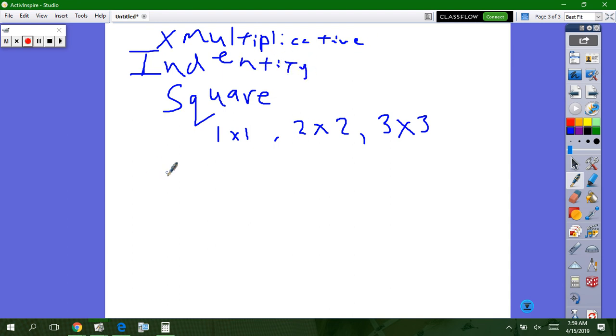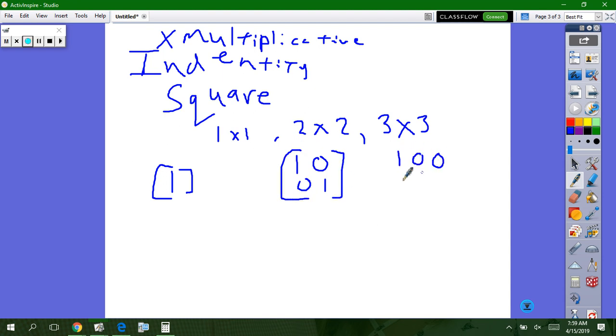So for a 1 by 1, here's your multiplicative identity. It's just 1. If it was a 2 by 2, it looks like that. If I have a 3 by 3, it looks like that. So basically, what does that look like? Reduced row echelon form, doesn't it? But once again, it can only be on square matrices.